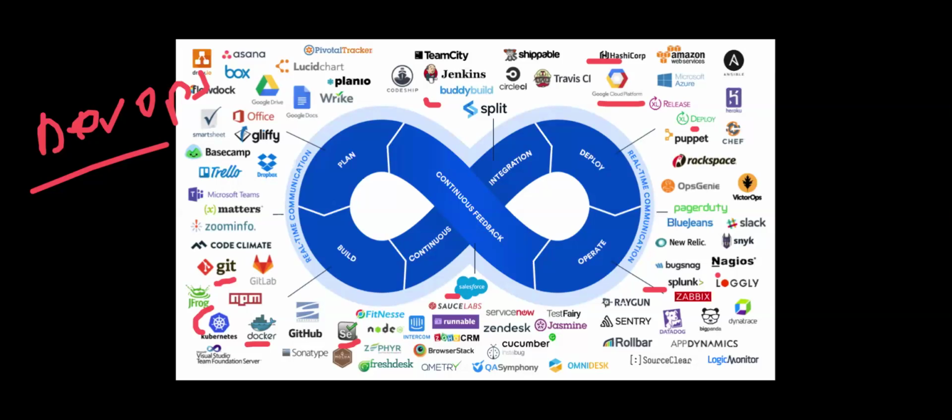Okay, so the thing is, we want to learn any one tool, one tool in each phase. At least one tool will be helpful for you, in the plan phase, the build phase, the continuous integration phase, continuous feedback, or deployment phase, so that you can mention that you are a DevOps engineer who knows some tools.